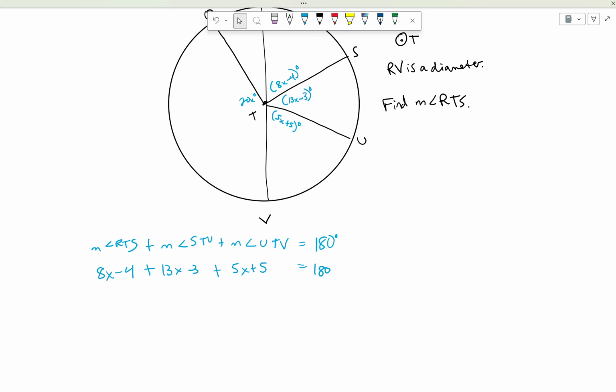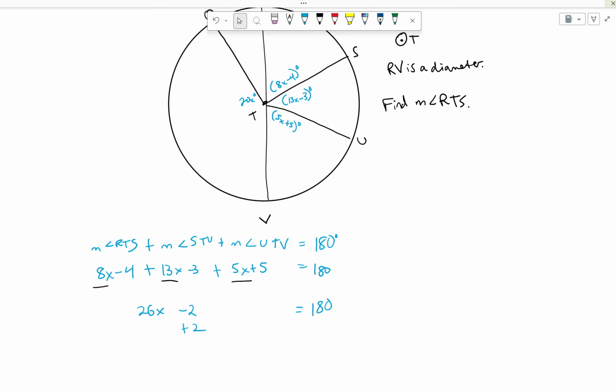Now I need to combine my like terms, so I'm going to underline all my x's. 8x, 13x, and 5x is 26x. Then I have my negative 4, my negative 3, and my positive 5, which is negative 7 plus 5, or negative 2. And that's all equal to 180.